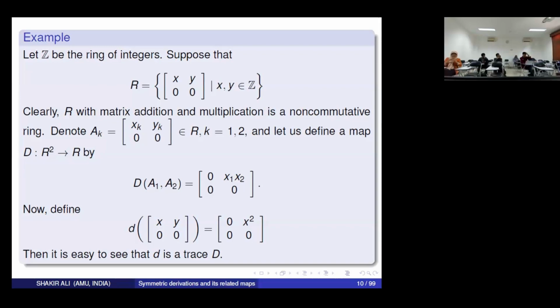And check this is what we have taken above, then it is easy to see D is the trace of D. Of course, look, this makes sense because of the non-linearity, and this is also accentuated. So when you are dealing with the multiplication of two matrices, you will find such an interesting example.